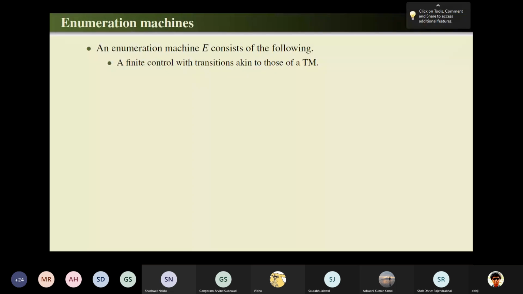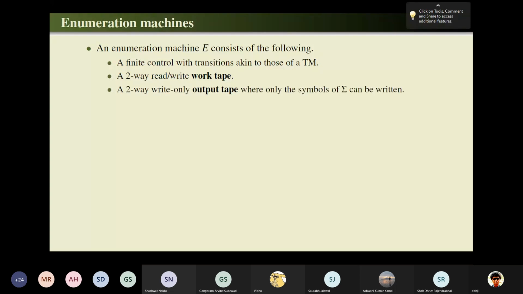Now it has 2 tapes. The first tape, or the top tape, is called a work tape, and it is a read-write 2-way tape, like a Turing machine. And there is another tape which is called the enumeration tape or output tape.